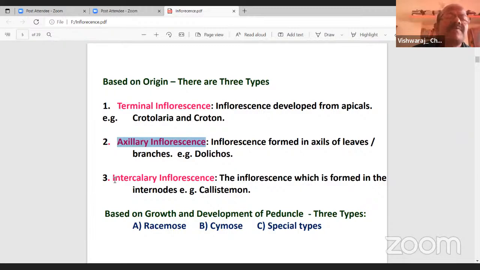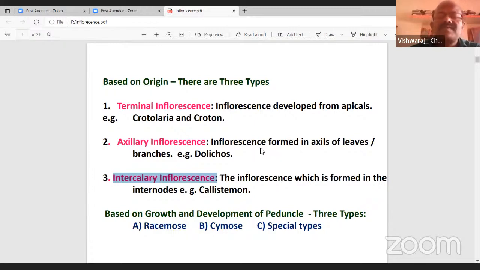The third type of origin: the inflorescence which is formed in internodes is called polystemon. You know, internode and node. Suppose sugarcane, both sides of the internode of sugarcane have swelling parts.